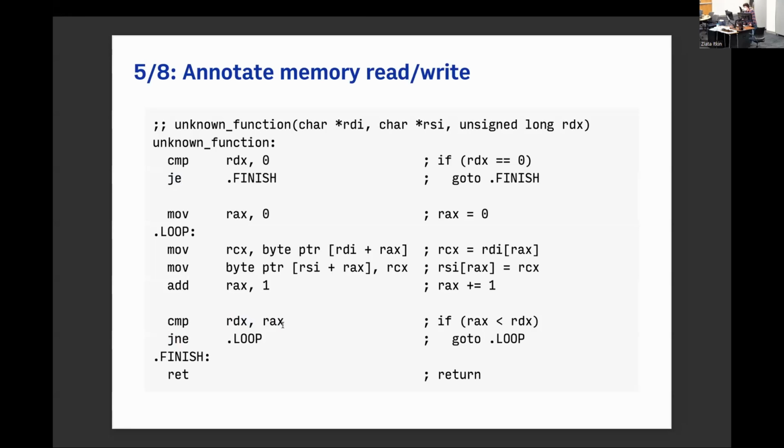Last thing we can do is annotate our memory read and write here. So this little part of the code here, we are loading, or actually, does anybody remember what the square bracket syntax does? Gabby?